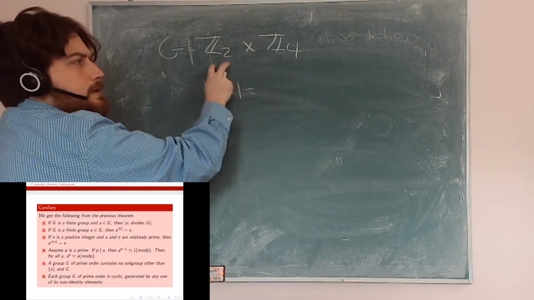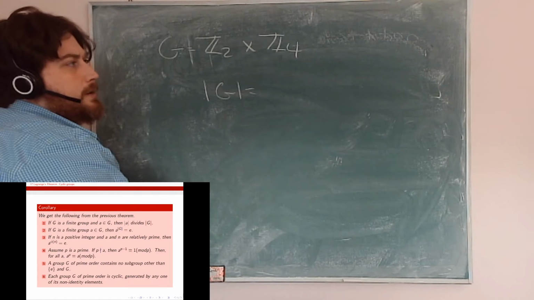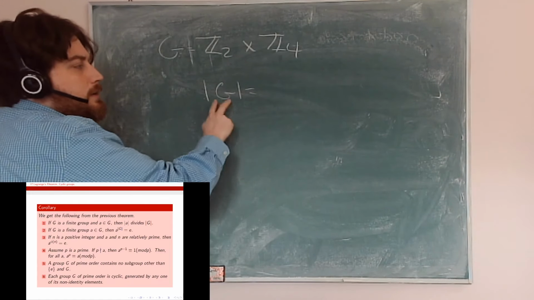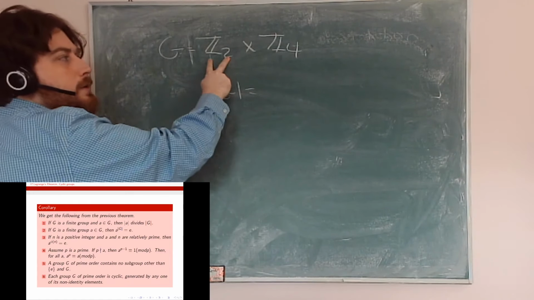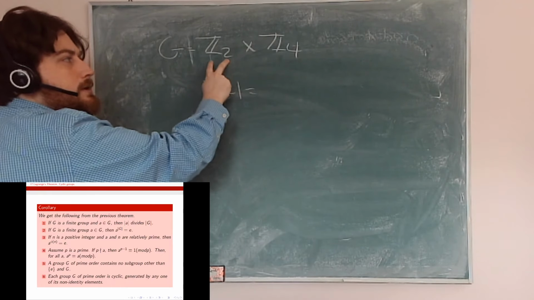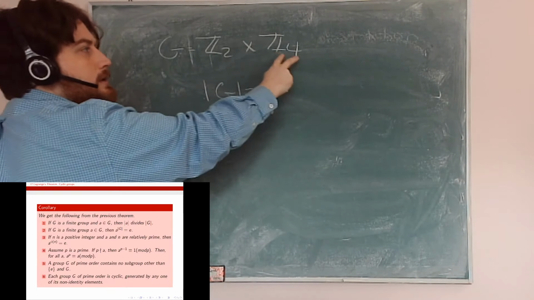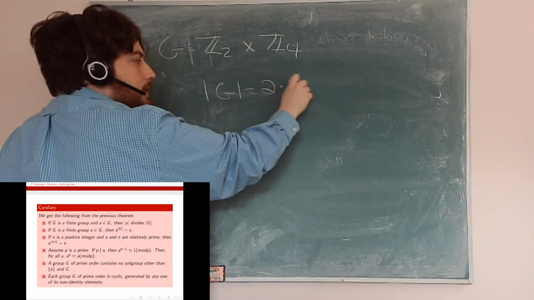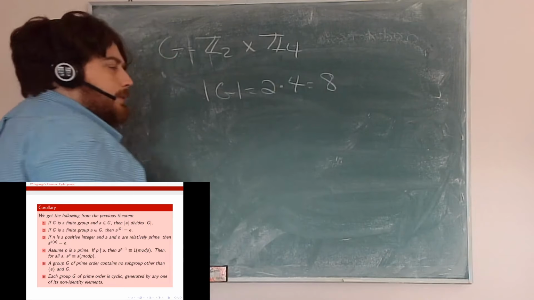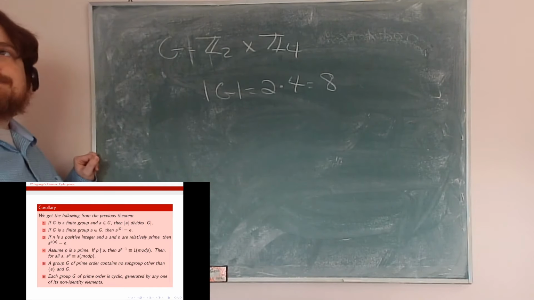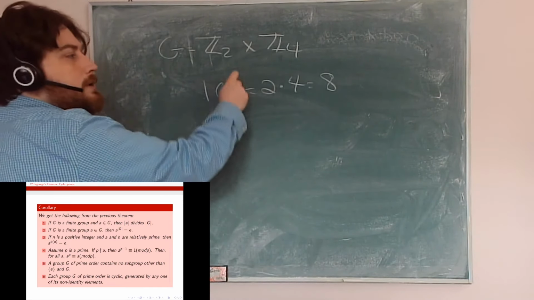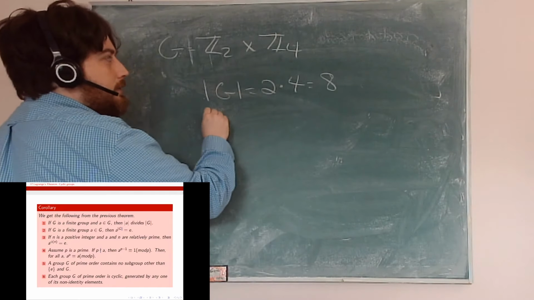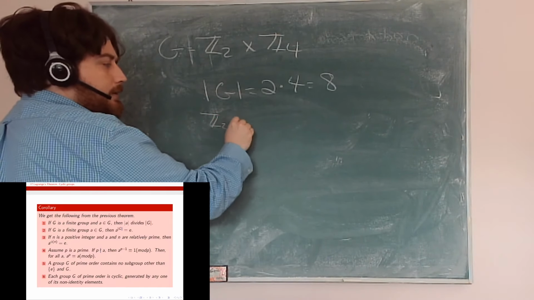Well, because this is a direct product, which we did talk about last week as well, the direct product order is going to be the order of this times the order of this. Z2 has 2 elements in it. Z4 has 4 elements in it. So the order is 2 times 4, so we're going to have 8 elements. What are those elements going to look like? Well, I could list out all 8 elements if I wanted to.